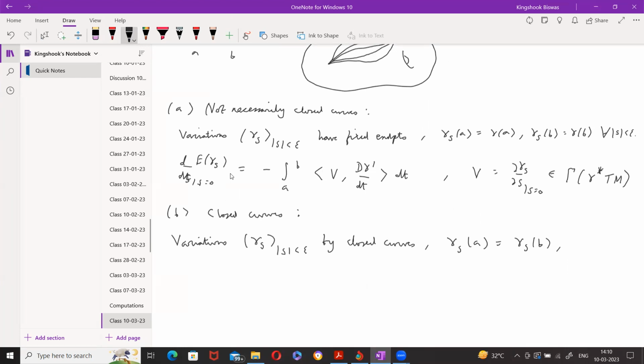Actually you want it to be a smooth map from the circle into the manifold, right? So here gamma a is equal to gamma b, and also gamma prime a is equal to gamma prime b, so that you can extend it to a periodic function on all of R into the manifold. For that, you need the derivatives also to match.